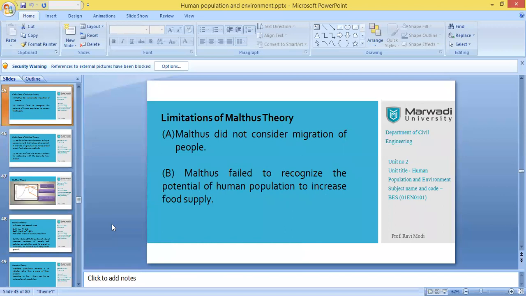Now, as you know, with some theories there might be some limitation attached. The limitation attached with the Malthus theory is that Malthus did not consider the migration of people. When we discussed the causes of overpopulation, the third point we discussed was migration.